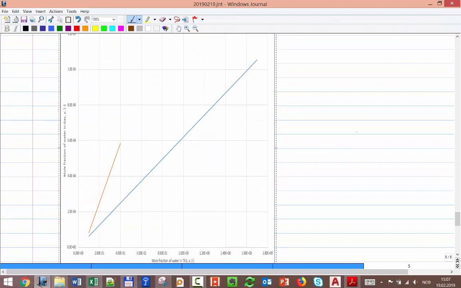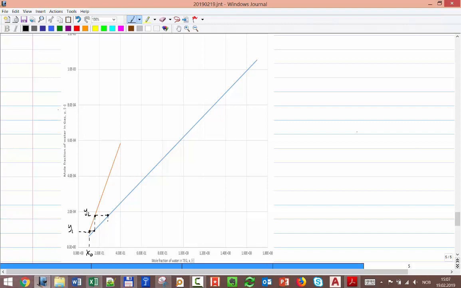Okay, so we have the first stage, or the tray, Y1, X0, then we come here, then we have Y2, and here we have X1, X2, Y3, X3, then we go on this line, let's continue up, it's not so straight now.